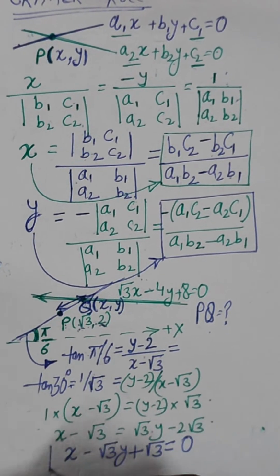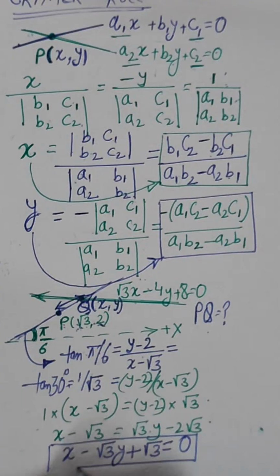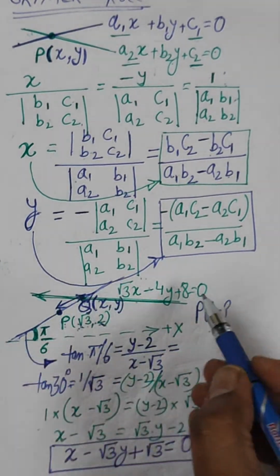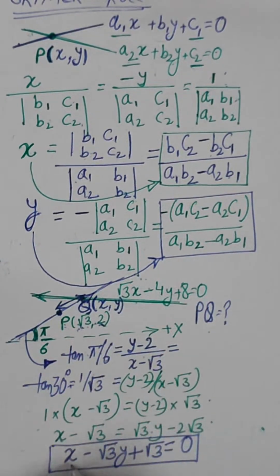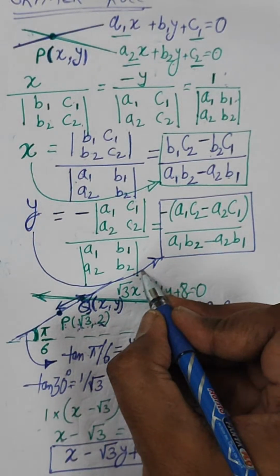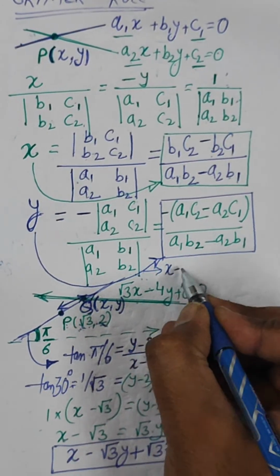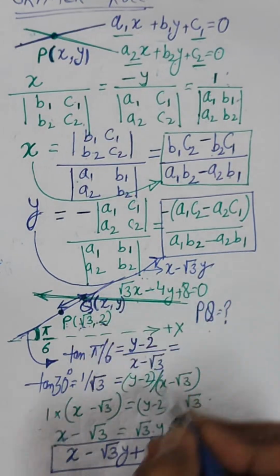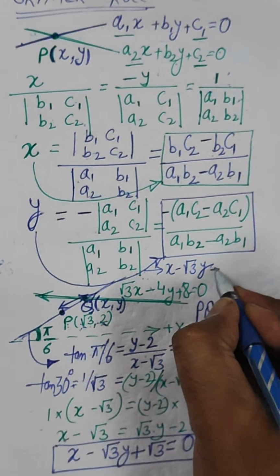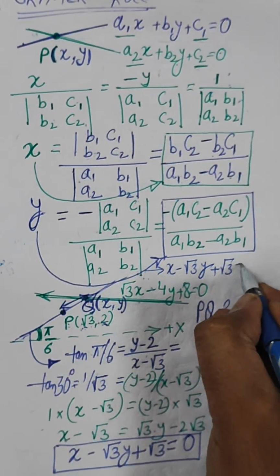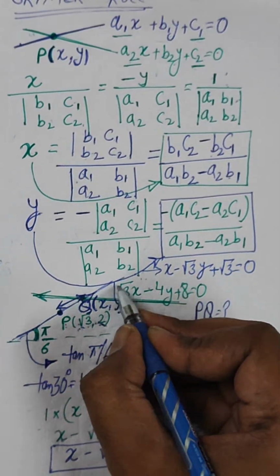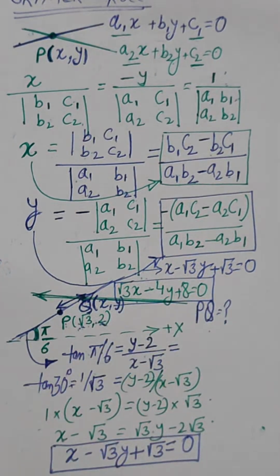So this is the equation which is derived for the second line, and this line is nothing but x minus root 3y plus root 3 is equal to 0. So this is one of the equations, right?